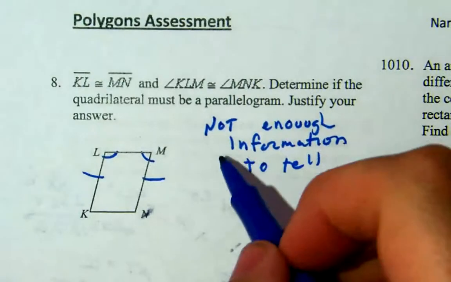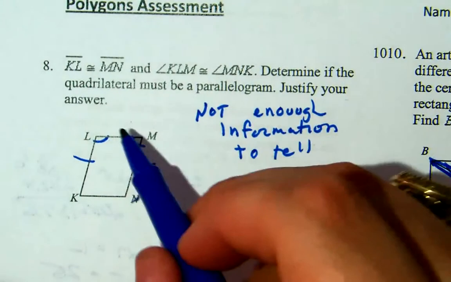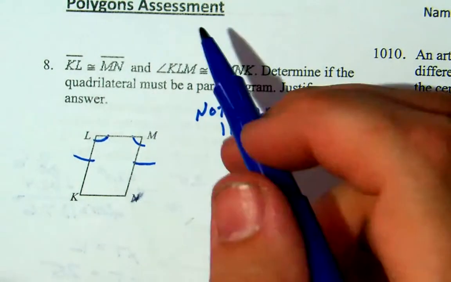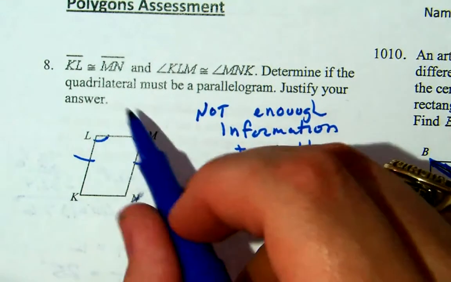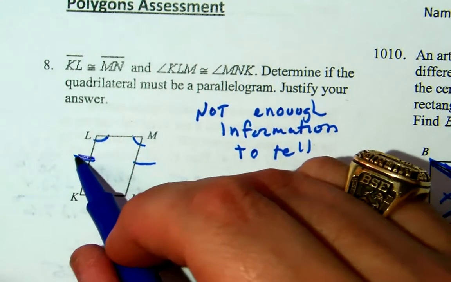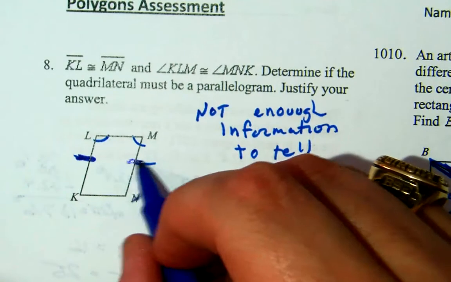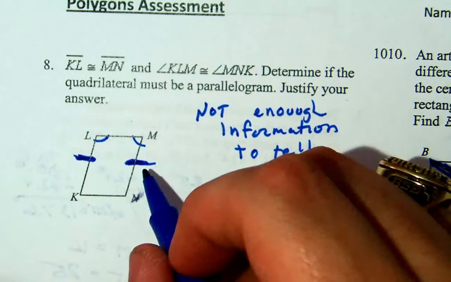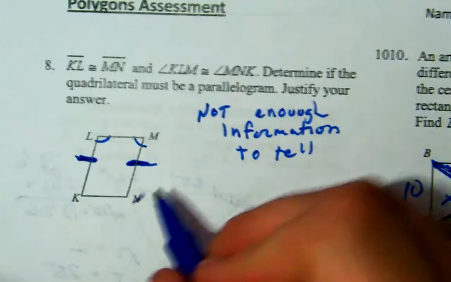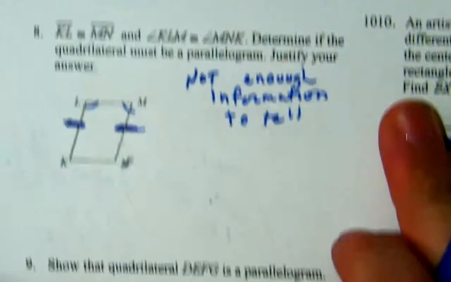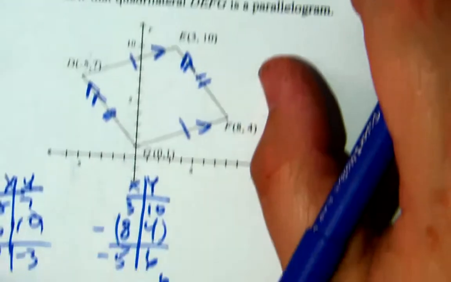Back one, most of the people got this one wrong because you assumed, I don't know what you did as far as assuming too much, but we don't have enough information as far as the definition of what a parallelogram is. So we can't say that it is a parallelogram. Very well might be.